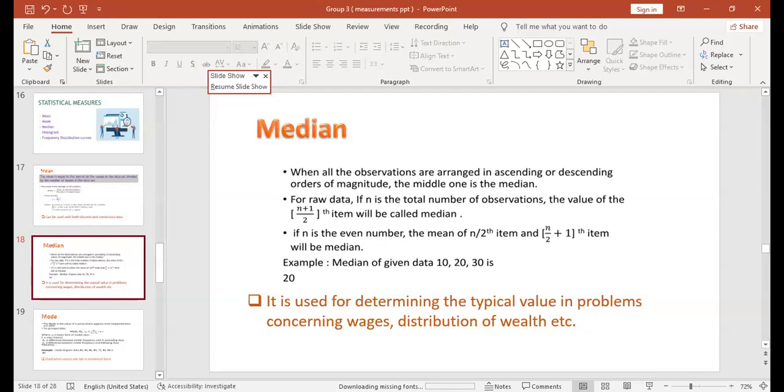It is used for determining the typical value in problems concerning weights, distribution of wealth, etc. Let's move to the next slide.